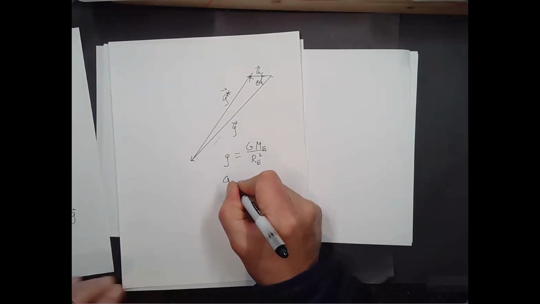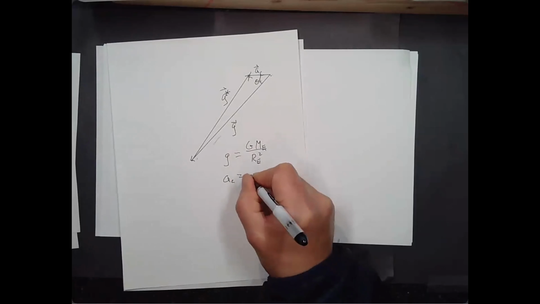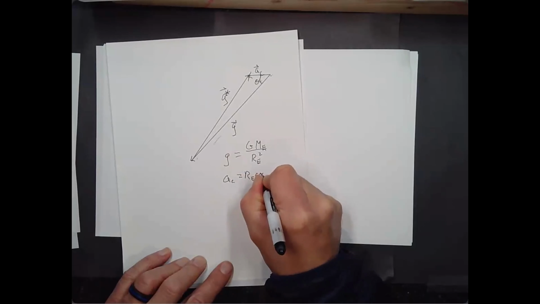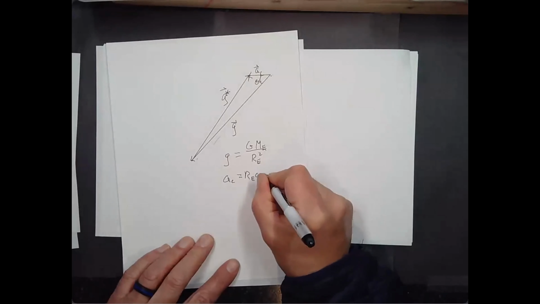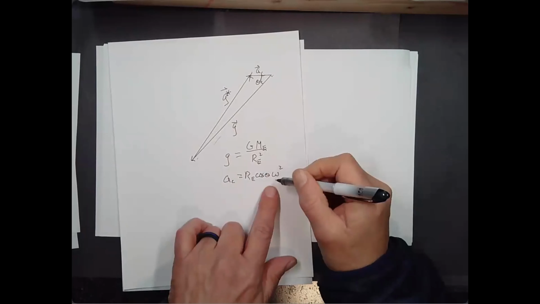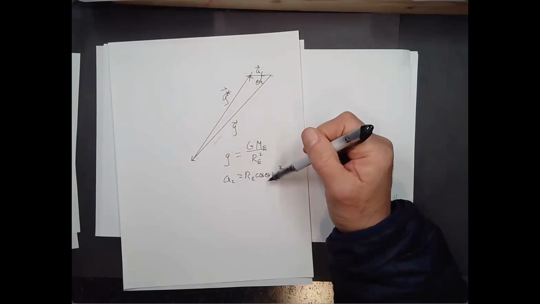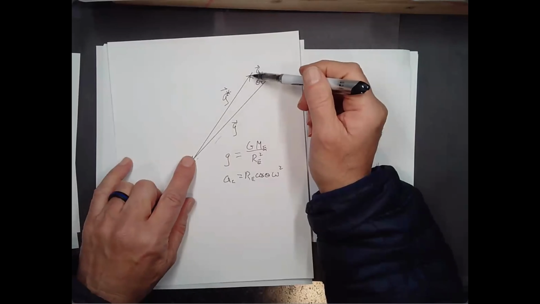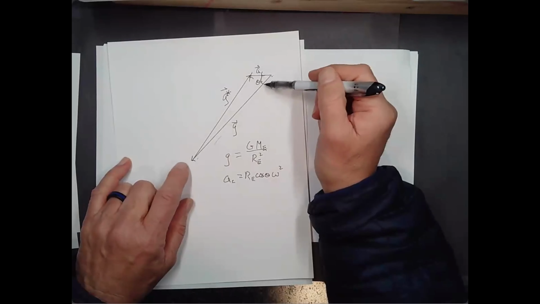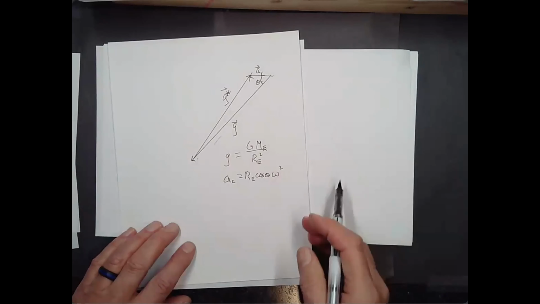The centripetal acceleration, I had a few pages back, that's the radius of the Earth times the cosine of your latitude, times omega squared. And omega is the same for every point on the Earth, so we can calculate that. And from that, we can figure out what g star happens to be, except we have to use the law of cosines to do that. So let's see how it works out.